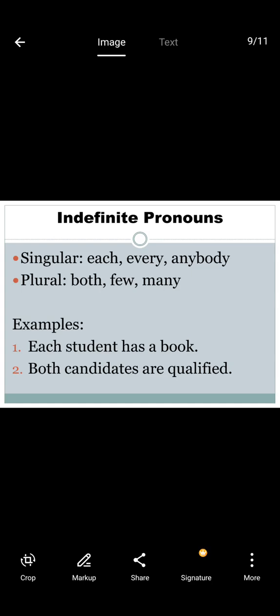Each student is third person he, so each student has a book is the right answer. And both candidates are qualified. Here both means two candidates, and both is always plural.